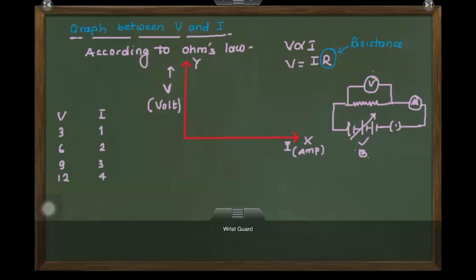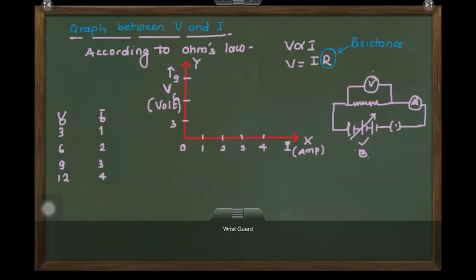So if we plot it here, suppose this is 0. So you can say that this is 0, 1, 2, 3, 4, and here I'm going to write 3, 6, 9. So when we plot at 0, the current will be 0. If there is no voltage, there will be no current.